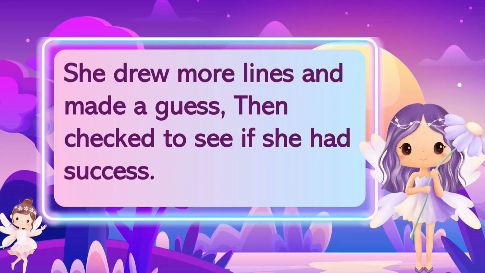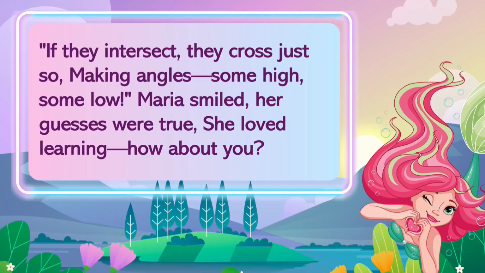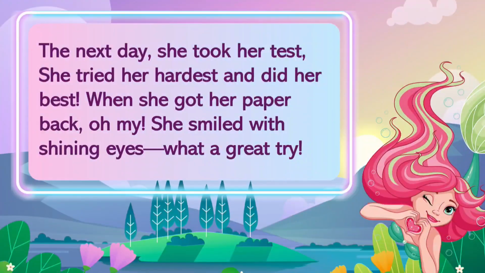She drew more lines and made a guess, then checked to see if she had success. If they intersect, they cross just so, making angles, some high, some low. Maria smiled, her guesses were true. She loved learning. How about you?